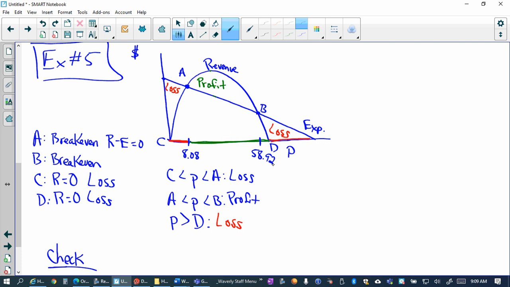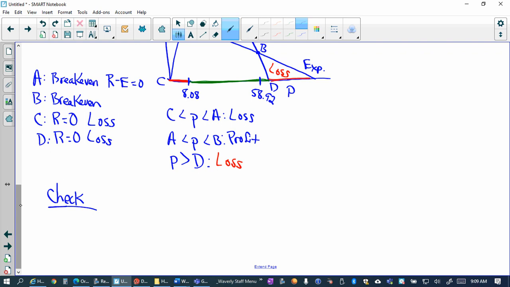Okay? Because both of those numbers are outside the profit. This is our profit domain, right? From 8.08 to 58.92. So the way to answer that mathematically, right?